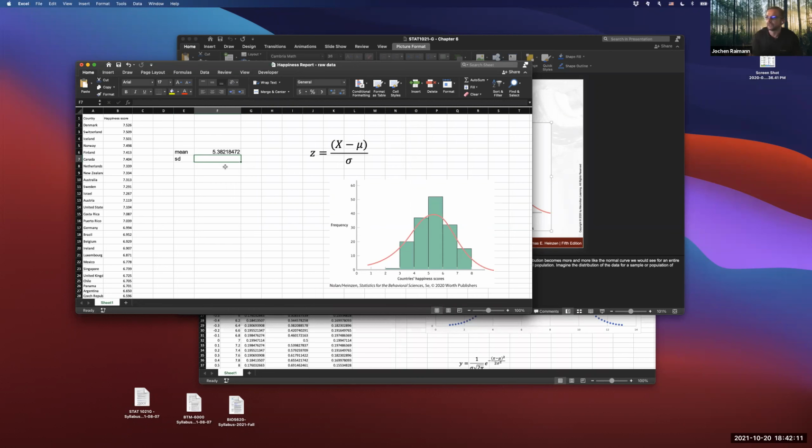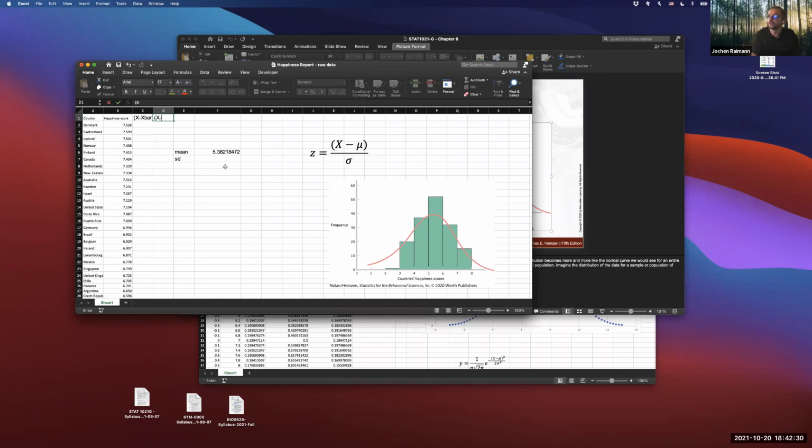Now we want to have the standard deviation. We're now doing the deviations. This is the x minus x bar.